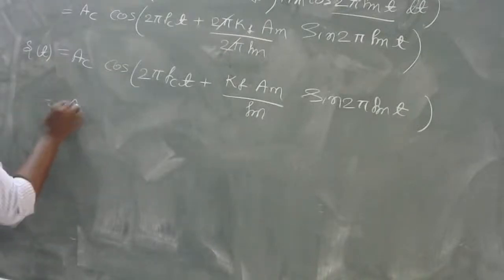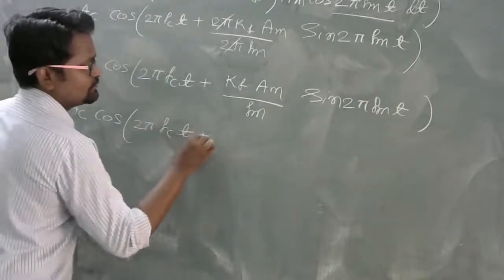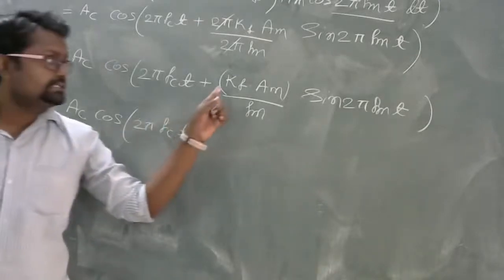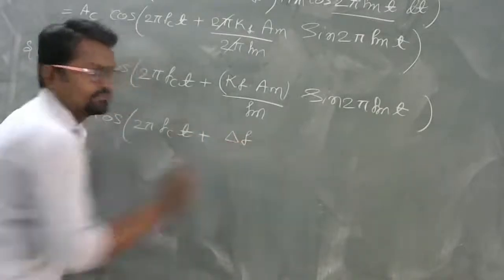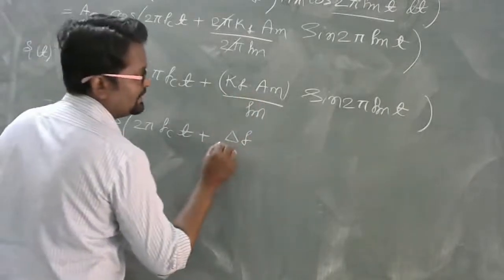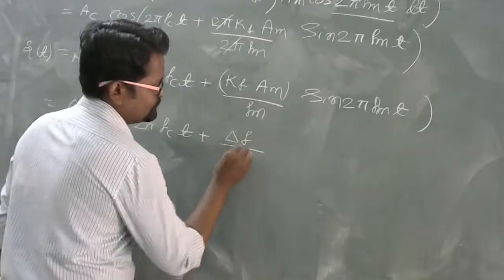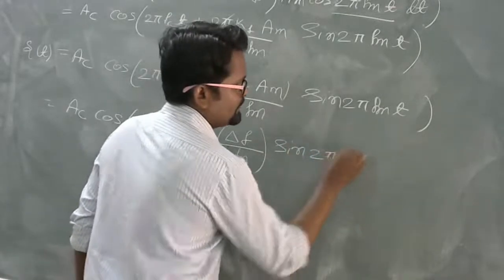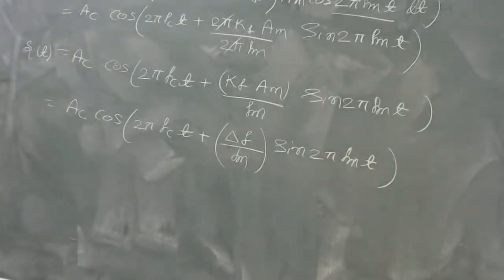Now, when we further simplify this equation, we can write kf multiplied by Am equals delta f. Delta f equals kf multiplied by Am. So here we write delta f upon fm, sine 2 pi fm t.